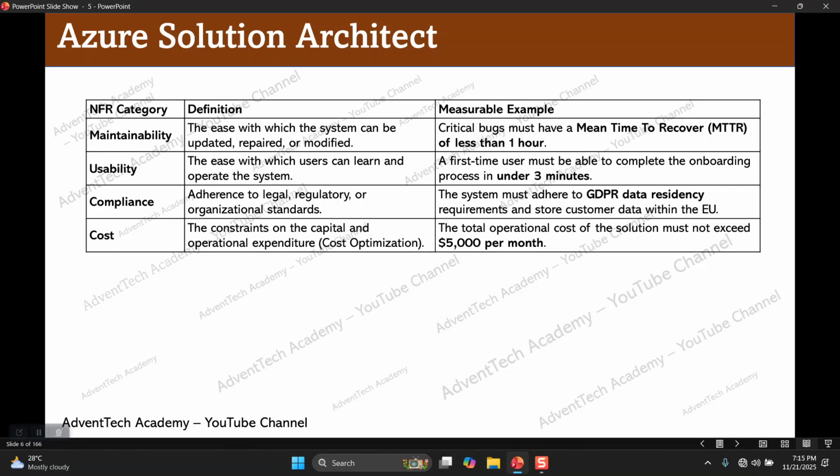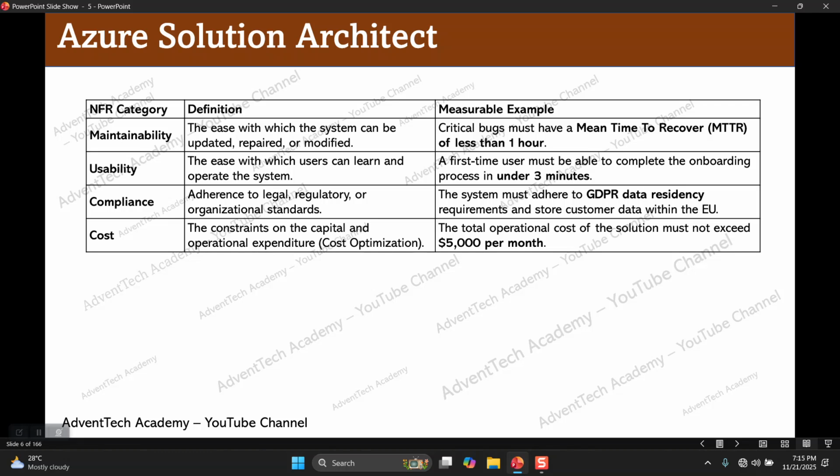Usability: the ease with which a user can learn and operate the system. A first-time user must be able to complete the onboarding process in under 3 minutes. And compliance. When we are designing the solution for cloud infrastructure, we have to make sure the compliance standards are implemented and all the compliance requirements are satisfied.